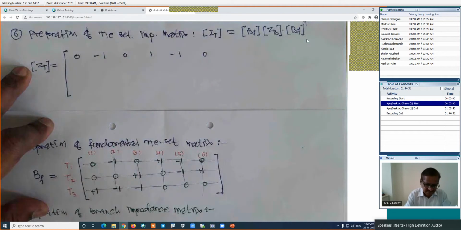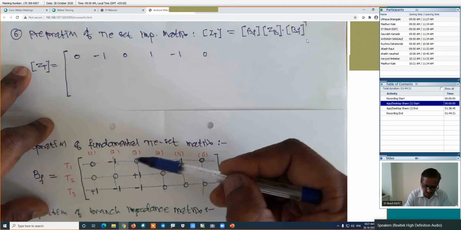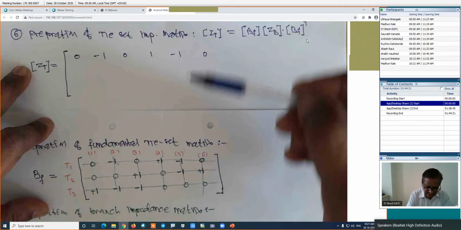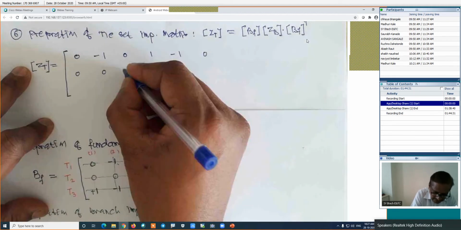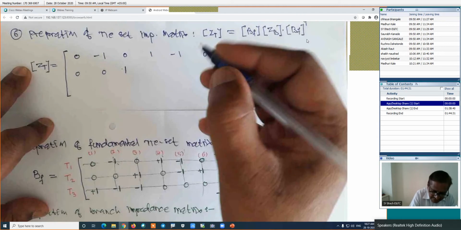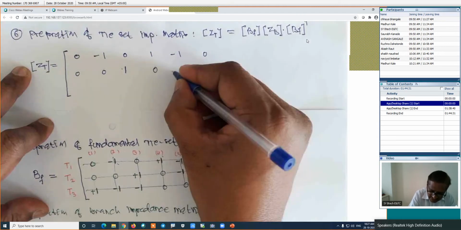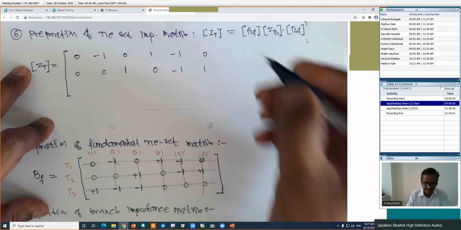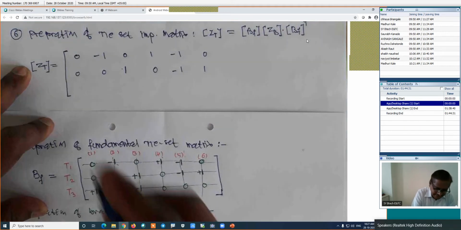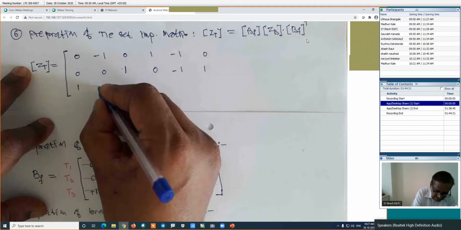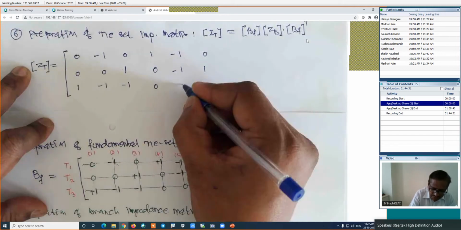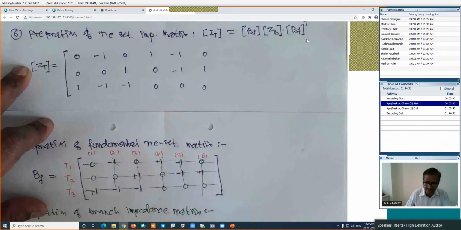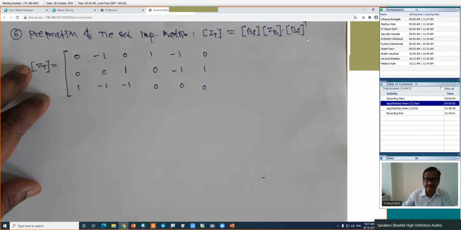Is it right? Second, this is 0, this is 0, here it is +1, then 0, then -1, then +1. Is it right? The third, it is +1, this is -1, then -1 again, then 0, 0, 0. This is that matrix, which is BF.